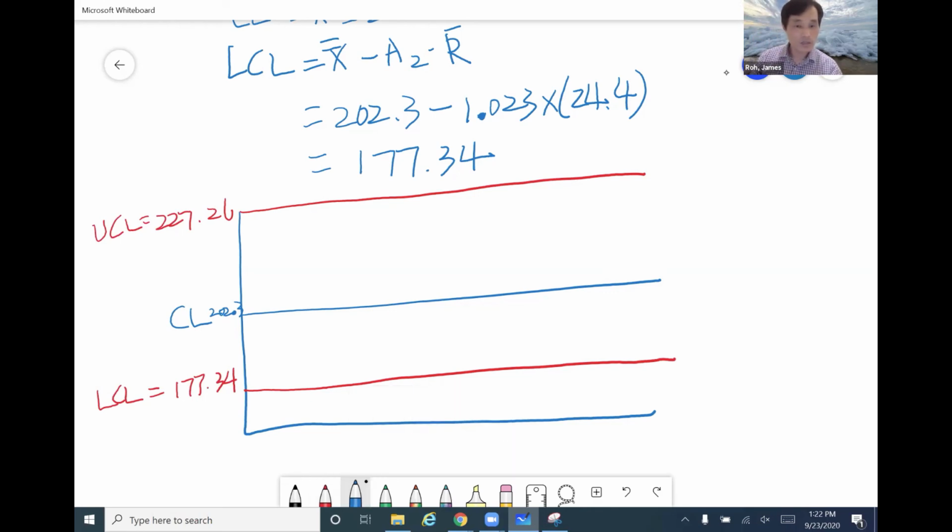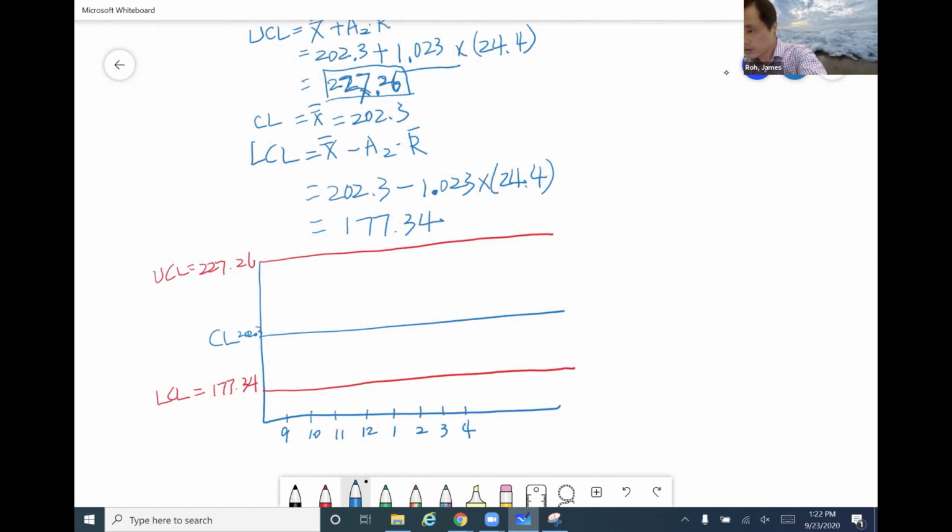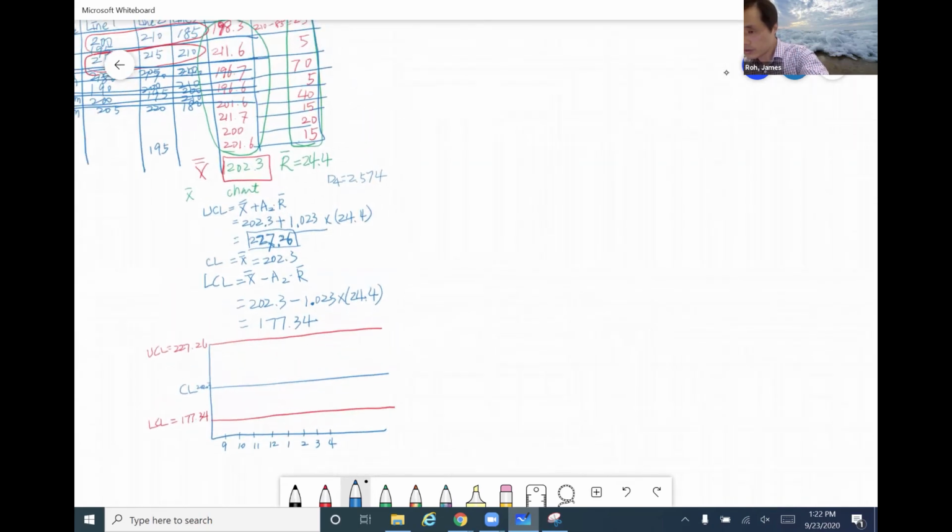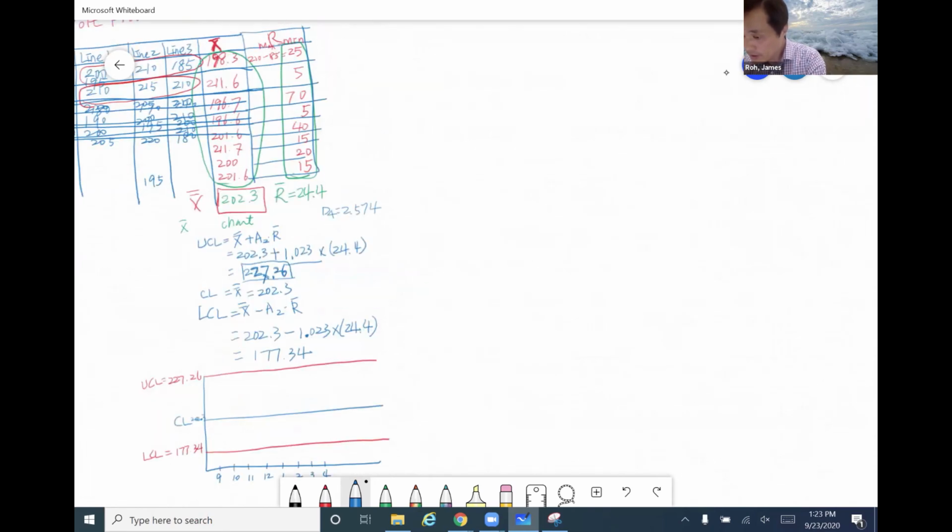And the time is at 9 a.m., 10 a.m., 11, 12, 1, 2, 3, 4. So we have this time, and let me make it smaller and see what happened. At 9 a.m., we know that's 198, and 198 is smaller than 202, so it's below center line.